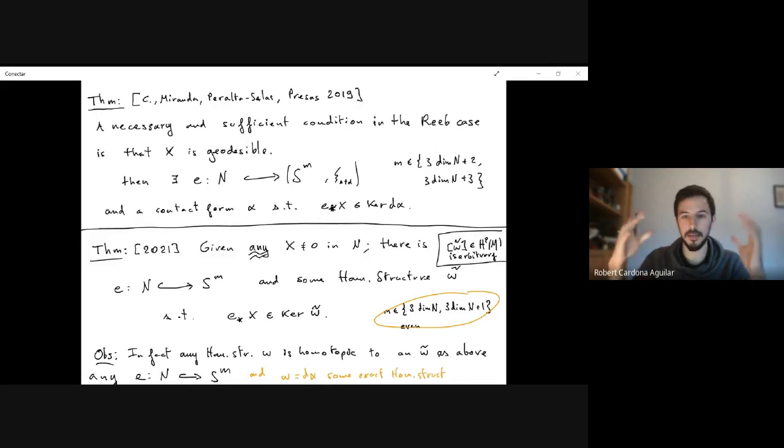So you fix an ambient Hamiltonian structure. Then there is a homotopy of Hamiltonian structures, some omega t, such that omega 1 contains these arbitrary dynamics in N. But you need it to be exact for this to be true. This is because of a cohomological condition and so on.